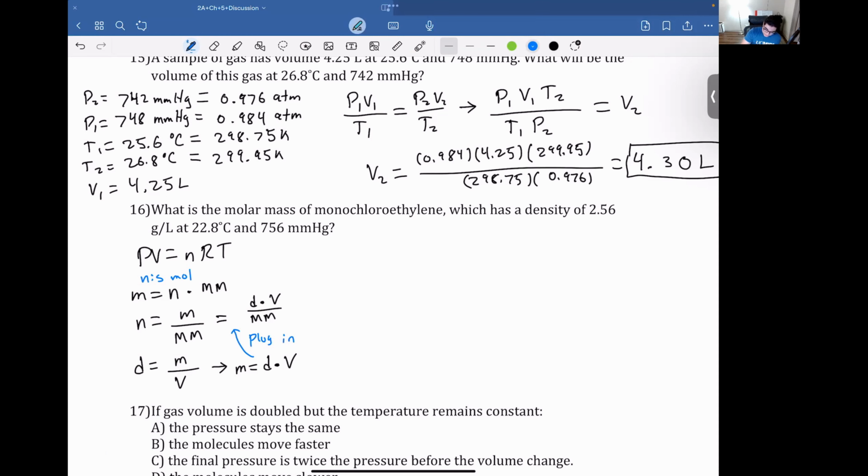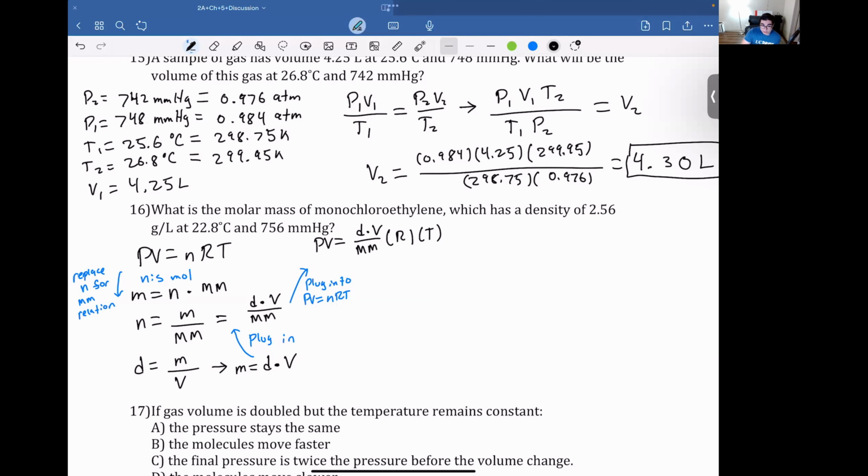Then I can plug this into PV equals nRT. And we get PV is equal to, so n is D times V over molar mass, RT.